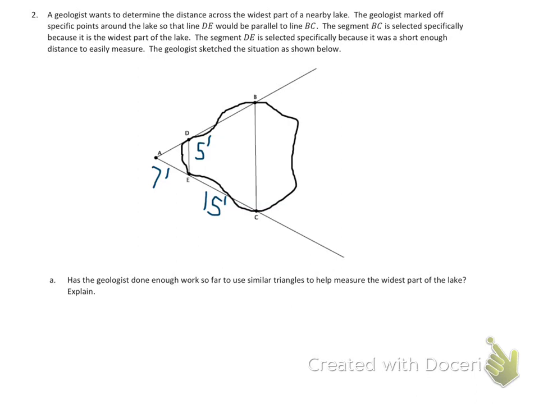So that's all recorded there. Does she have enough information to complete the task? If so, determine the length across the widest part of the lake. If not, state what additional information is needed. So pause and think about that if you haven't already, and then we'll see what we can do here.